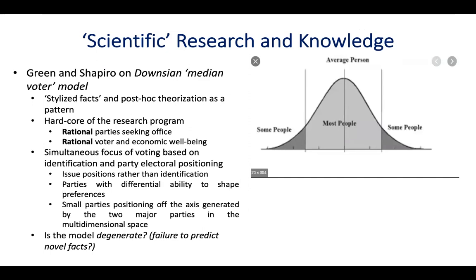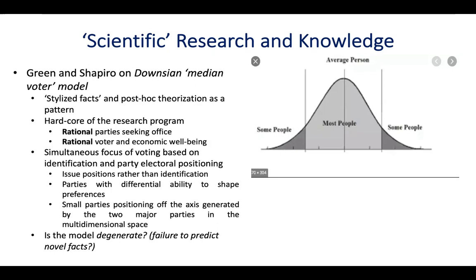The main point here is that you have two ideological parties, one on the right and one on the left, and they compete to maximize voters in order to assume office, to get into power centers. The main assumption is that political parties are rational players. So they need to maximize votes to reach office.